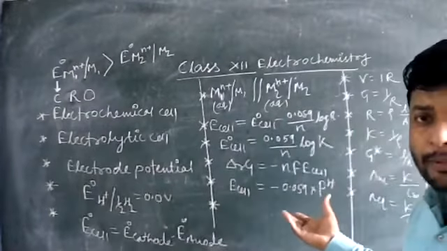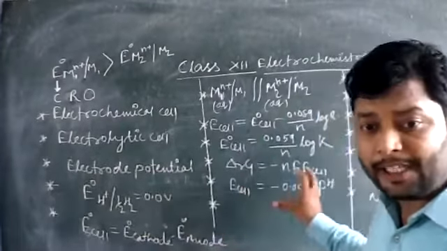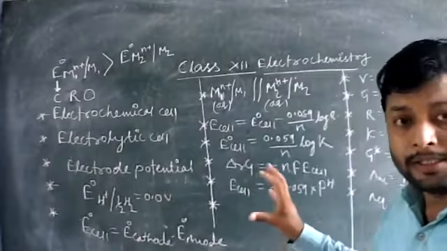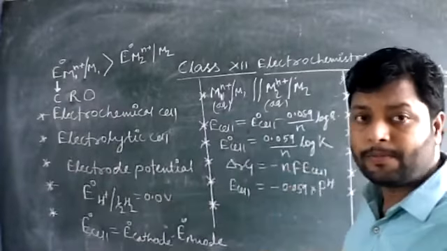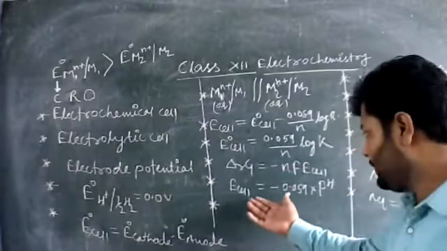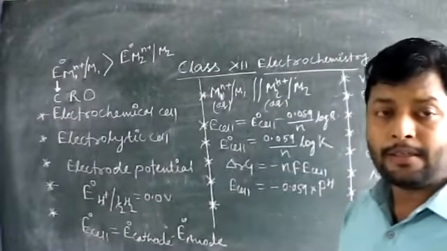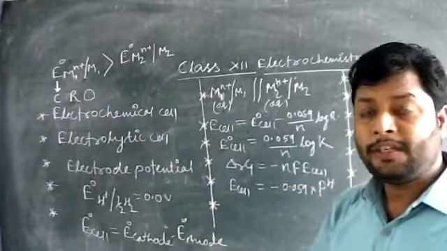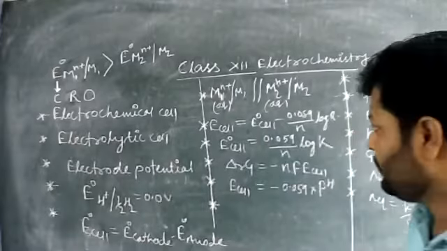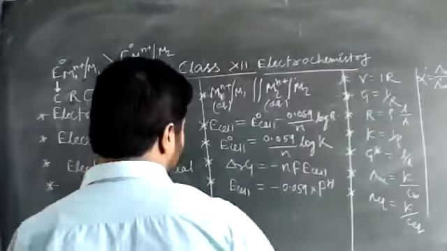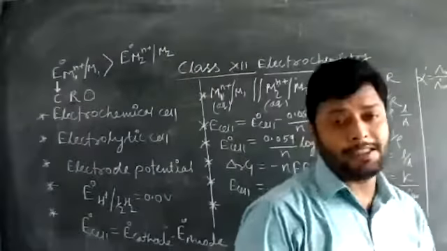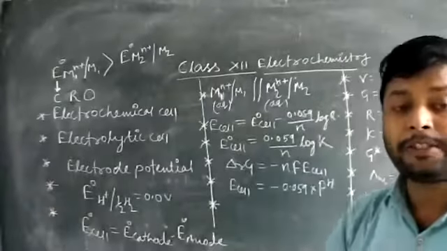There is also a relation of the cell potential with the pH of any electrochemical cell or electrolytic cell: E cell equal to 0.059 into pH on the negative side. This is all about the first part. That was the study lecture.